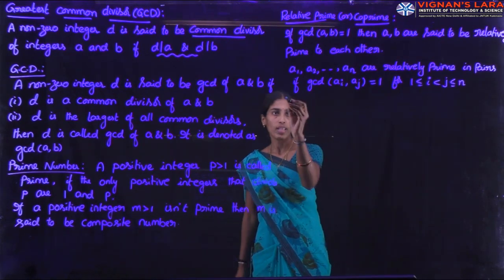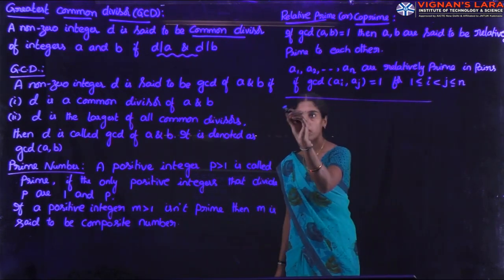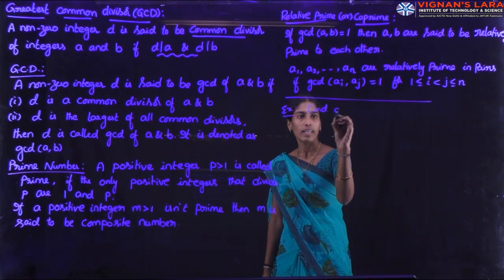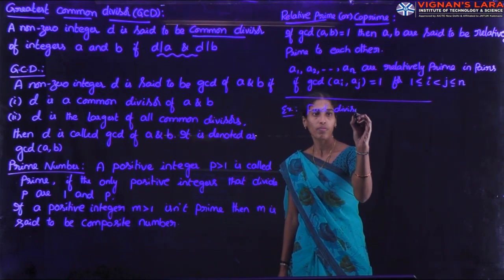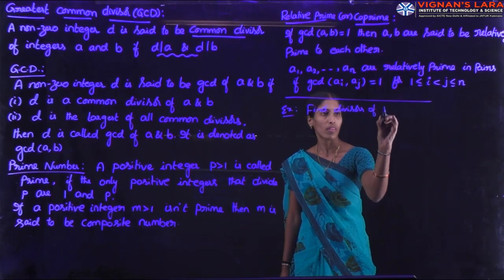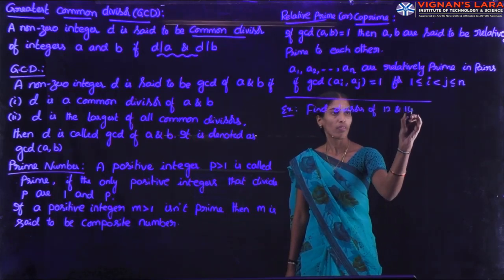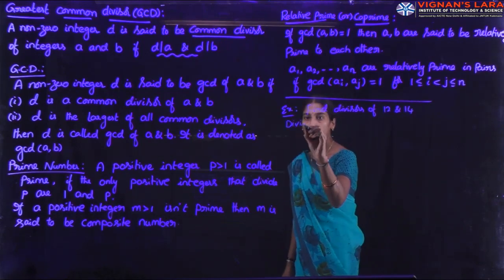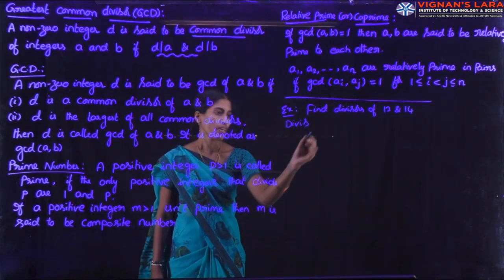Now we will see one example here. Find divisors of 12 and 14, right? So what are the divisors of 12?